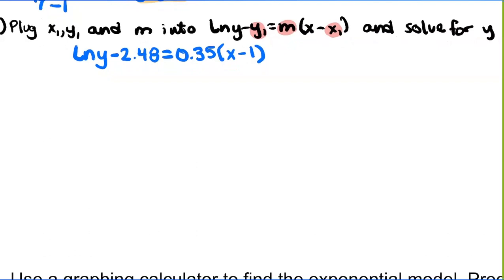All right, the journey begins. Let's start by multiplying that 0.35 into this parenthesis. So we have the natural log of y minus 2.48 equals 0.35x minus 0.35. I can then add 2.48 to both sides.